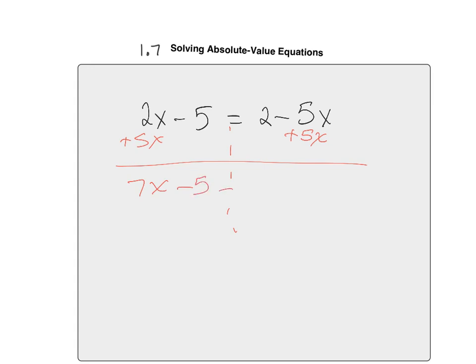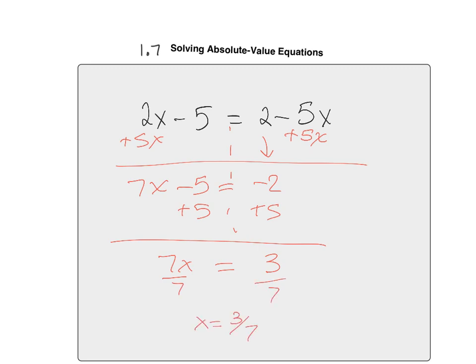You rewrite what doesn't change, equals negative 2. Add 5 to both sides, and you get 7x is equal to 3. And then you divide by 7, and you get x is equal to 3/7.